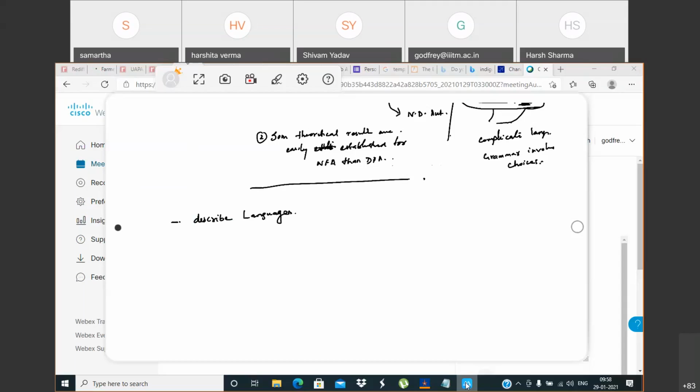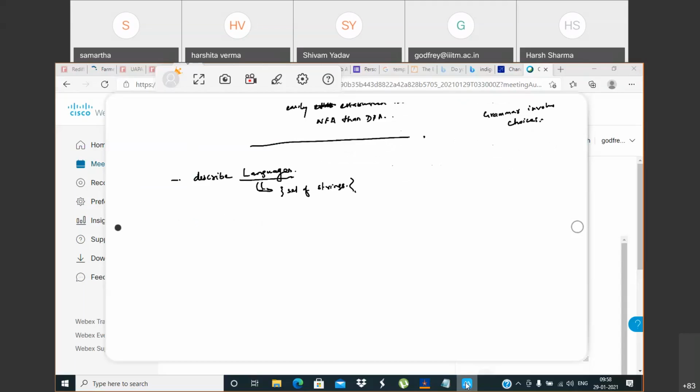Languages basically means a set of strings. A DFA is a kind of automaton which may be able to describe some type of languages.